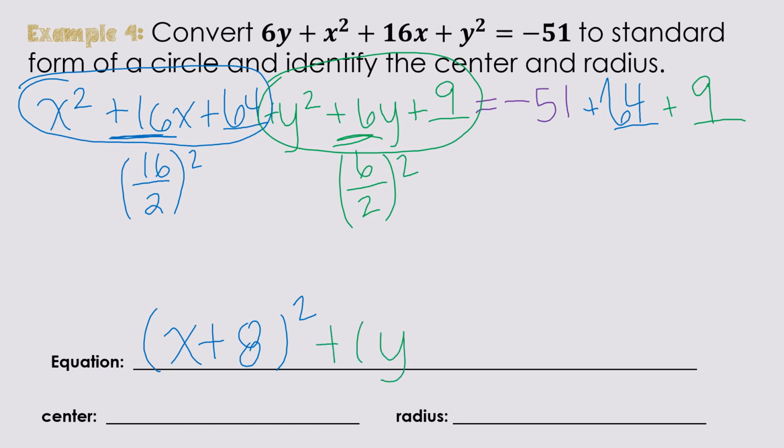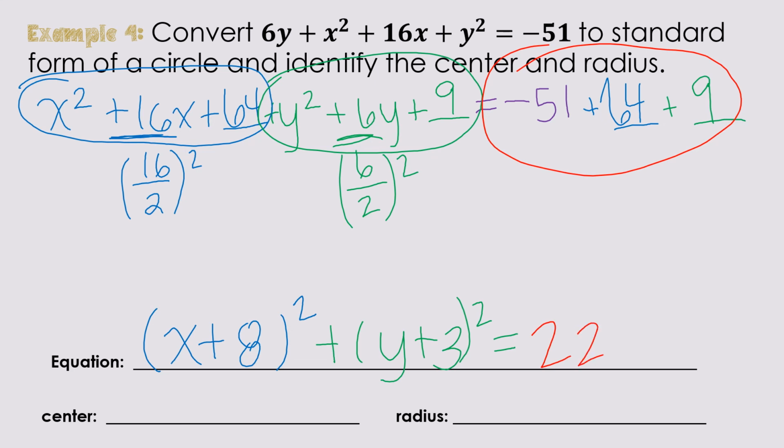We know it's going to be y. Now let's look at b, which is 6, and take half of that, which is positive 3 squared, equals, and then let's add our 3 constants on the right side. So negative 51 plus 64 plus 9 is positive 22. And remember that that is r squared.